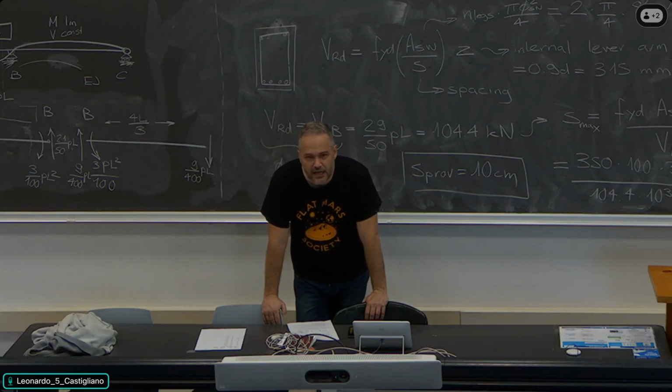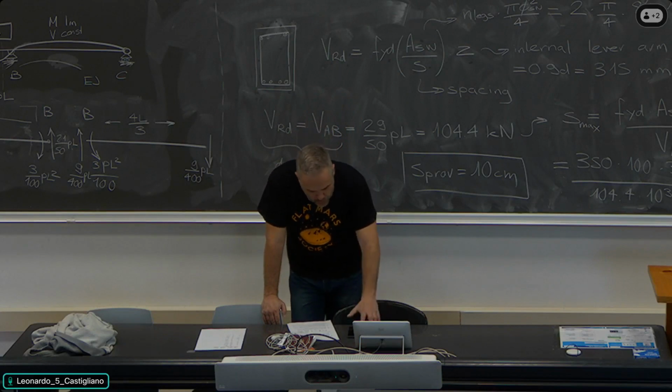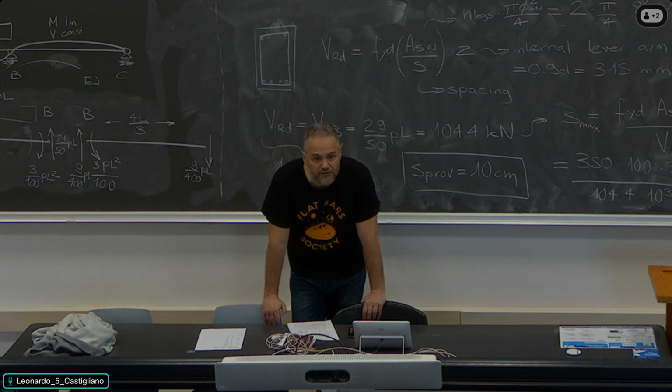Then the next one would be 29 plus 7, so it will be the 5th of June. Okay, I will look for a classroom either on the 5th of June or on the 29th of May and let you know through the usual way where and what we're going to do, where we're going to meet and what we're going to do. Okay?